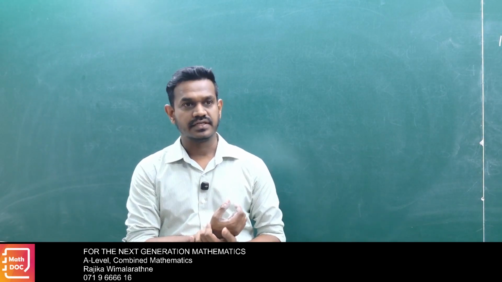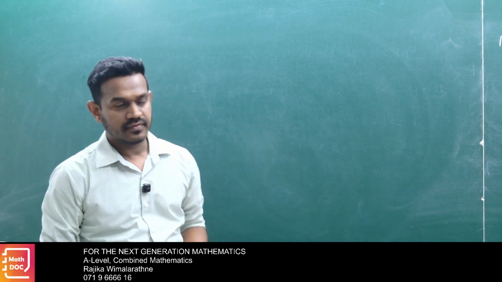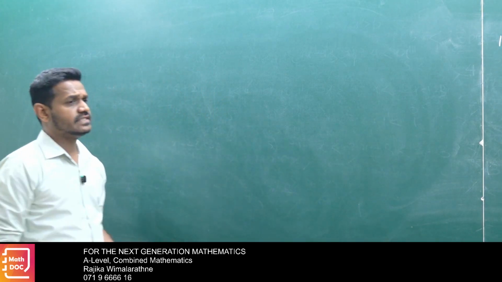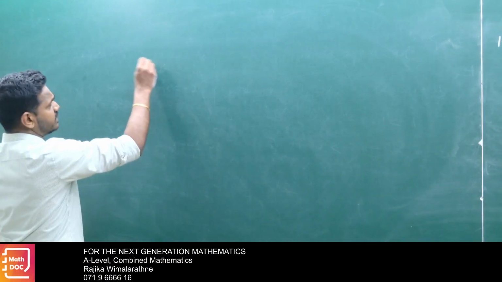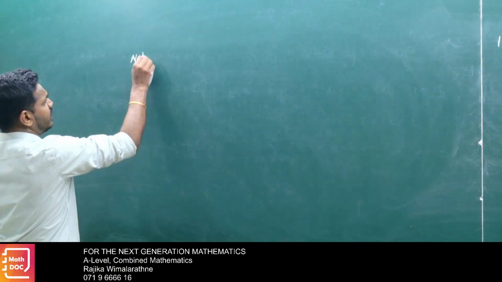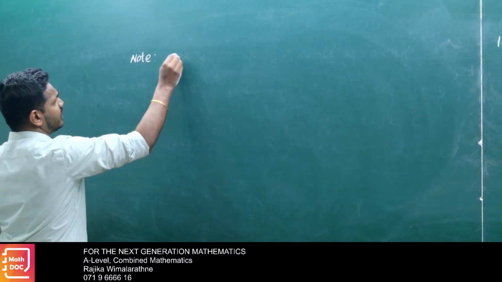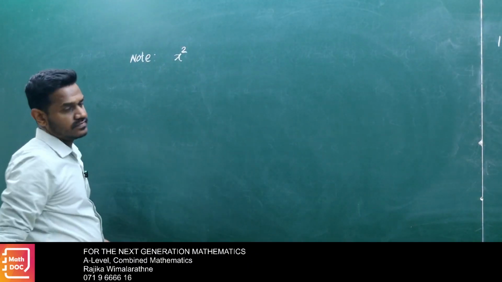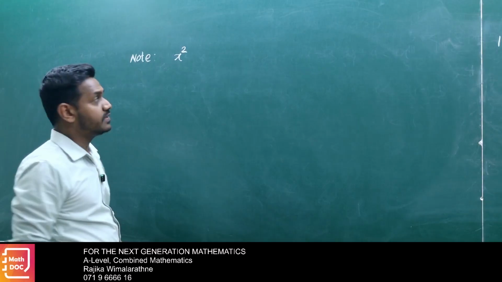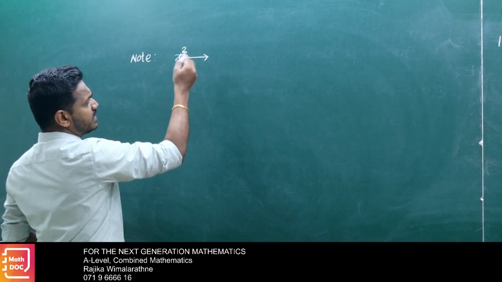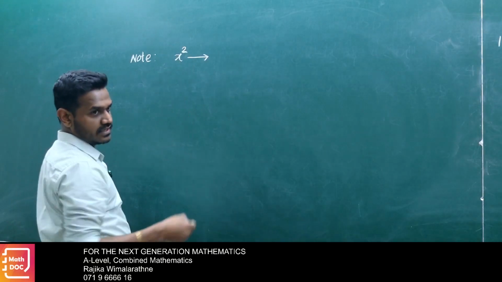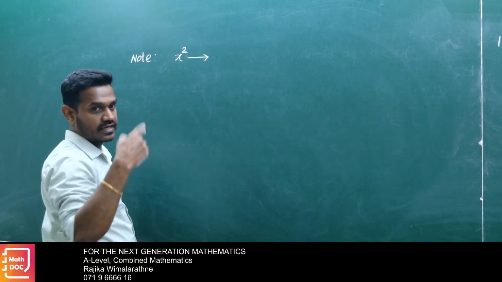Okay, let's see how to get it. Now see this one very clearly. Before that, you identify, if you see an x square term, we can say here x can be any real value. Then squaring, we can convert that into positive.